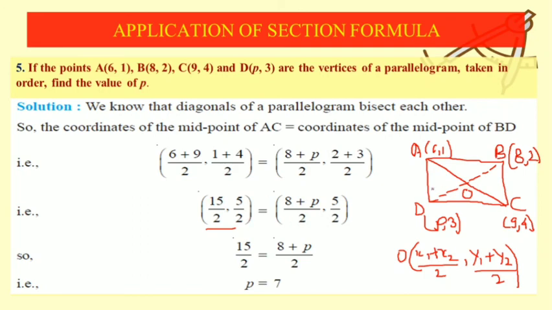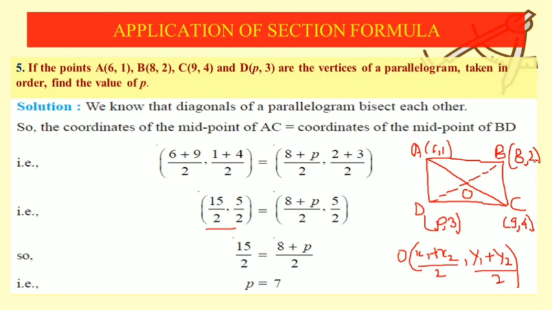Similarly, if we consider this diagonal BD, where O is the midpoint, and we have to find the value for this O, we will use this formula, sum of the x coordinates divided by 2. So x coordinates are 8 plus p upon 2.